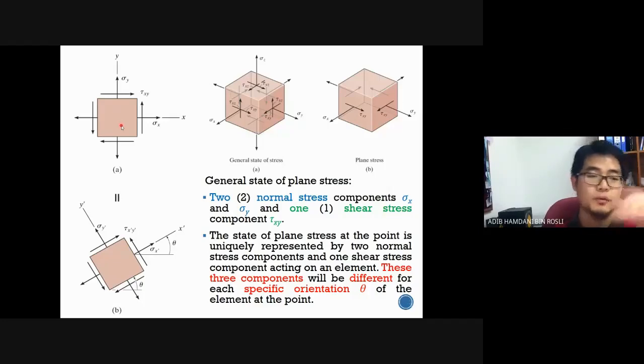I mean, instead of x, y like this, you rotate it like this or like this, with an angle. So this is what you're going to do in this chapter, okay?